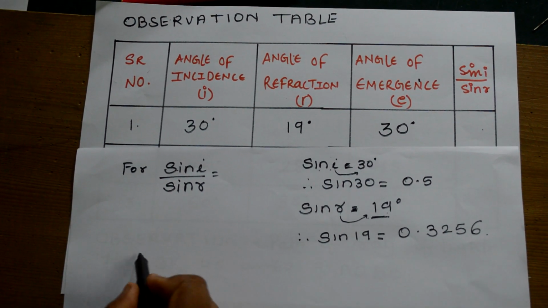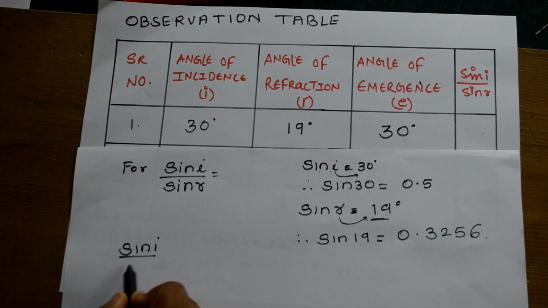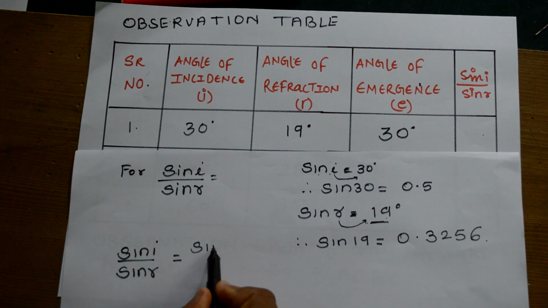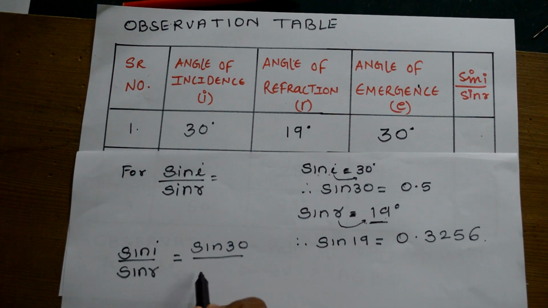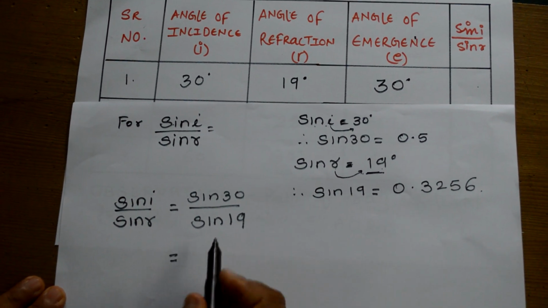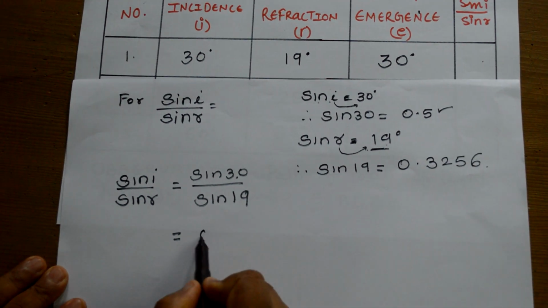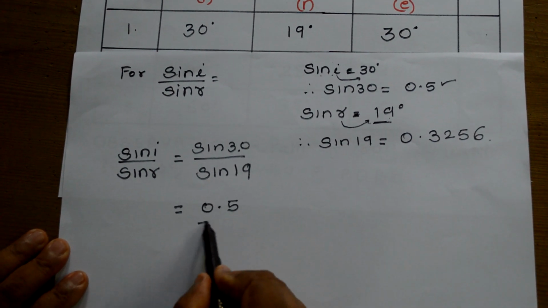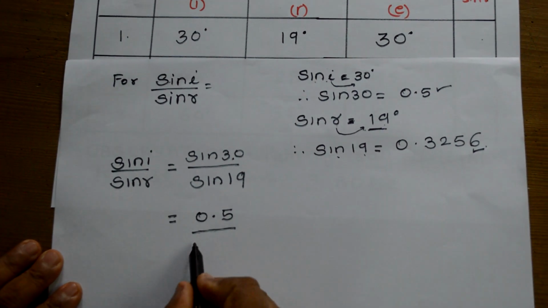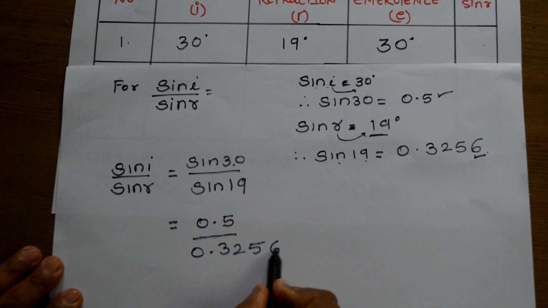When I place the values to find sin I upon sin R, which is sin 30 upon sin 19, I get 0.5 upon 0.3256.